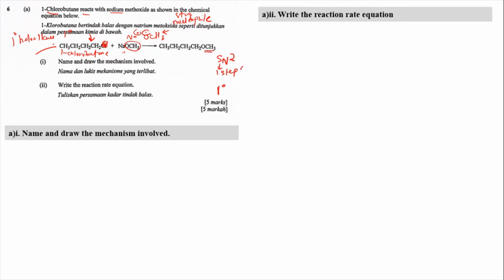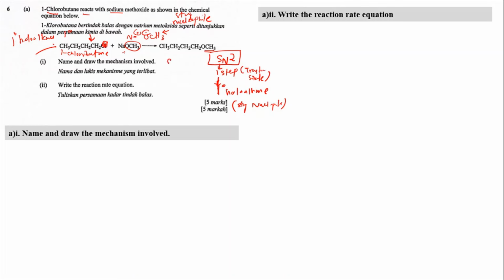Yang mana step tu adalah akan ada transition state, and then it happens for the primary haloalkane. And the primary haloalkane will be favorable when there's going to be a strong nucleophile. Okay, so kat sini kita tahu dia akan undergo SN2.